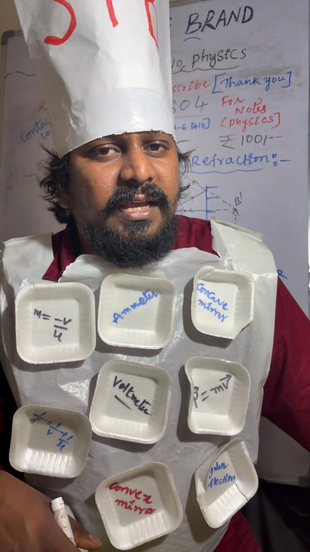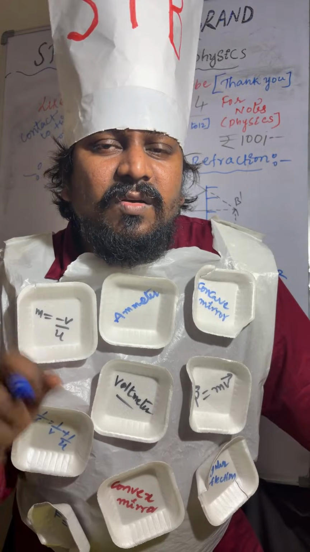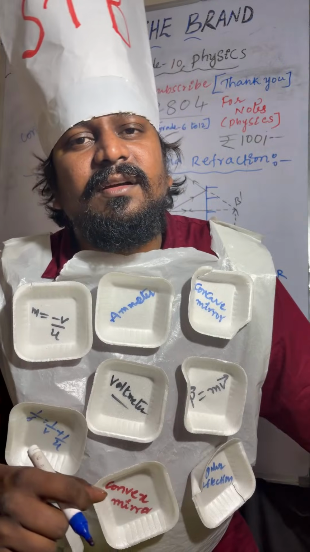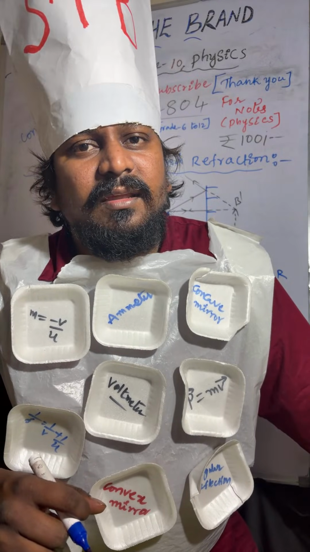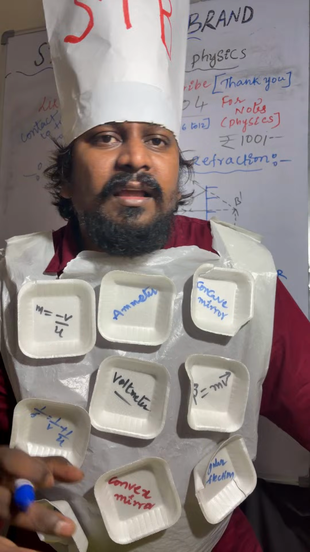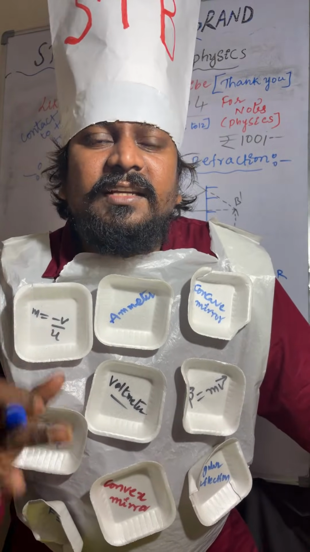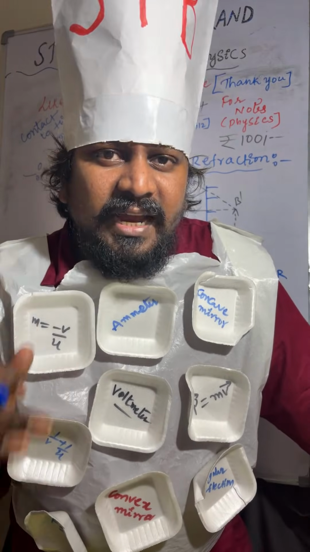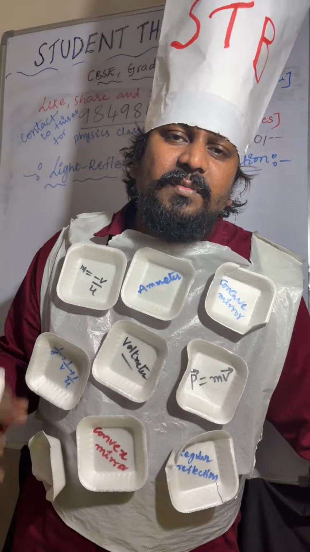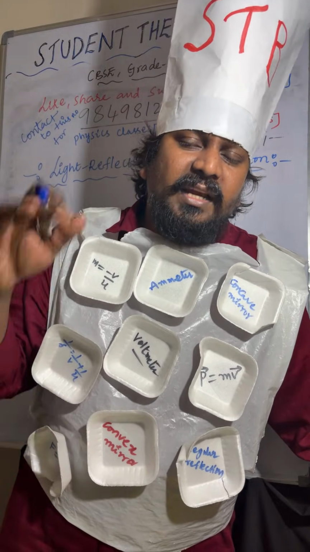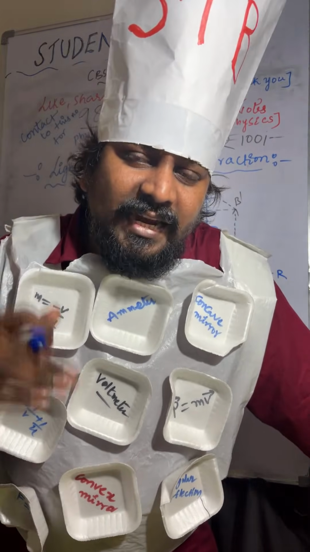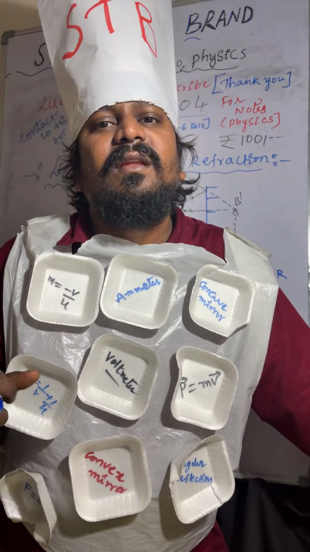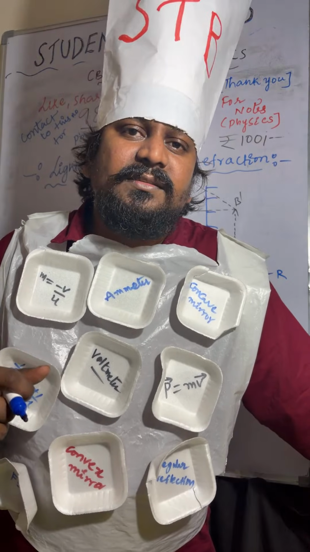And here in plane mirror, magnification is +1. What is magnification? The ratio of height of the image to height of the object is equal to magnification. Magnification is +1.